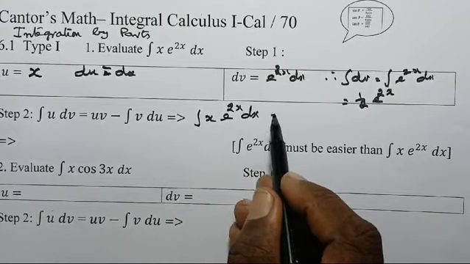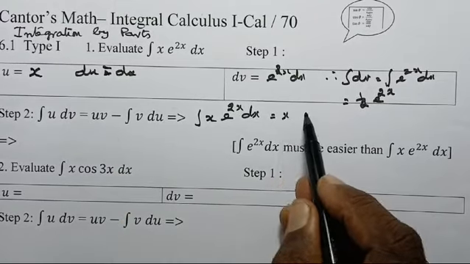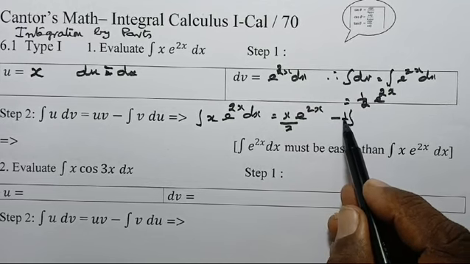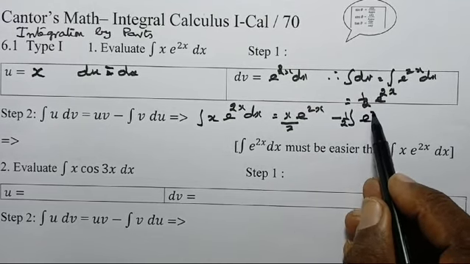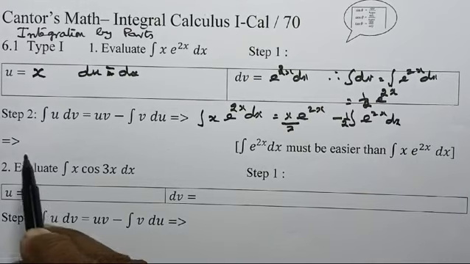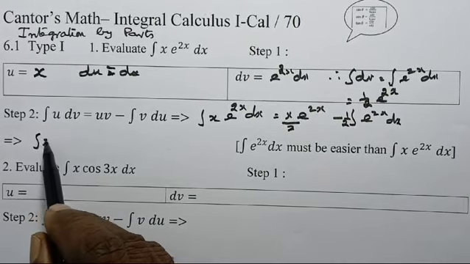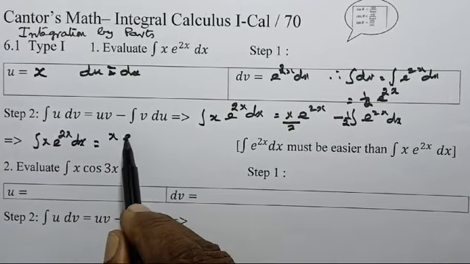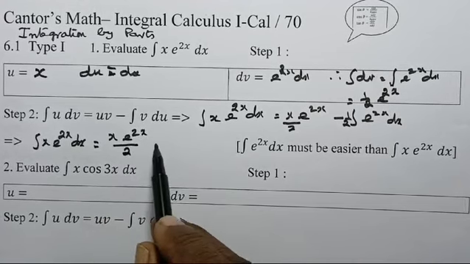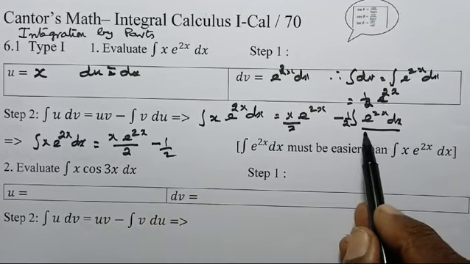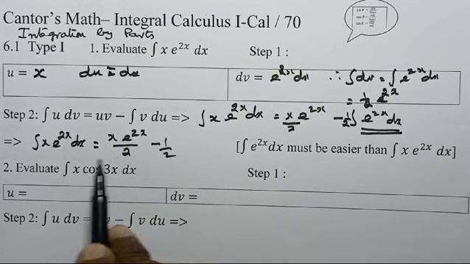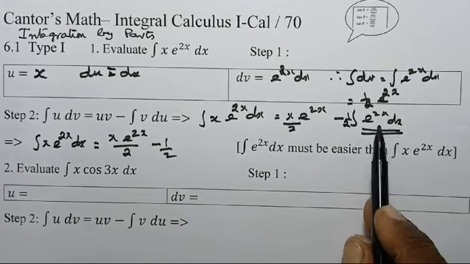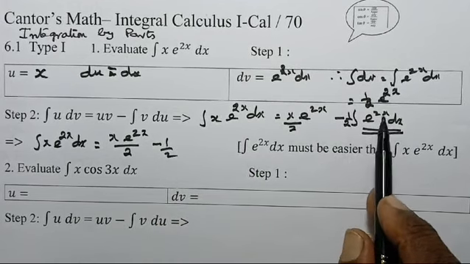The given problem equals uv, where u is x and v is 1/2 e^(2x), minus integral v du, that is 1/2 e^(2x) dx. So integral x e^(2x) dx equals x e^(2x)/2 minus 1/2 integral e^(2x) dx. Again, we have an integral on the right hand side also, integral e^(2x) dx.